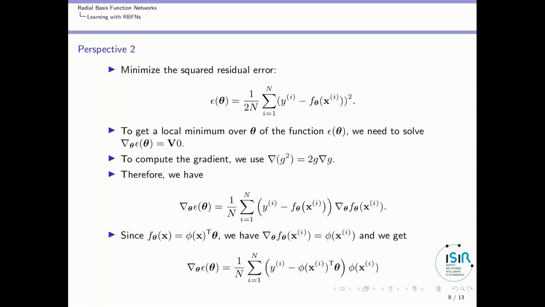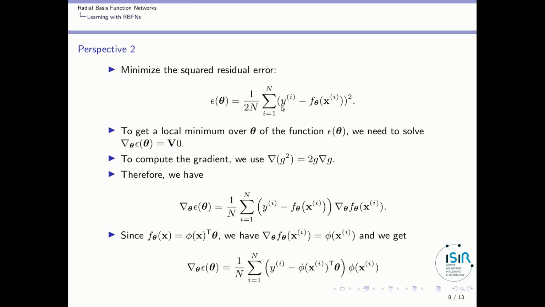It consists in performing the whole calculation from scratch. So the idea is that if you want to use RBFN, you want to minimize the squared residual error exactly as when you are performing least square calculation. So how is this residual error defined?